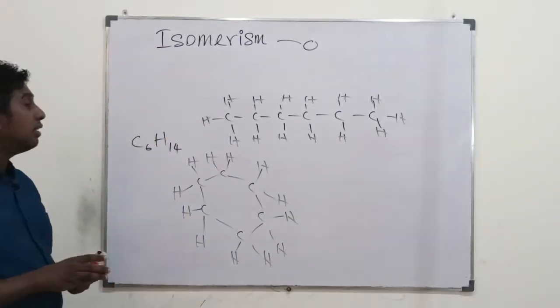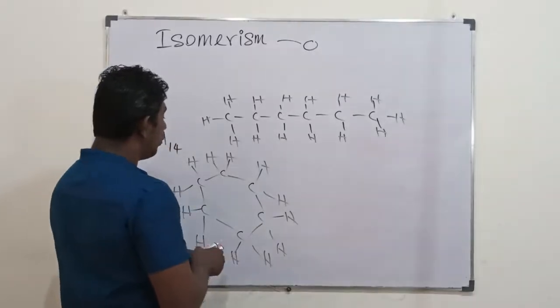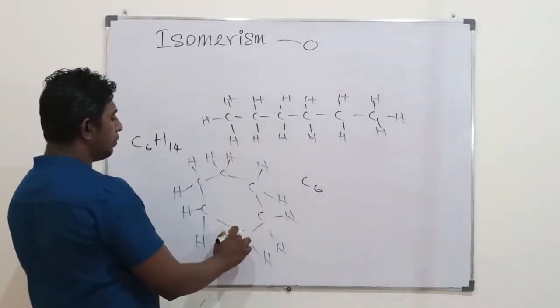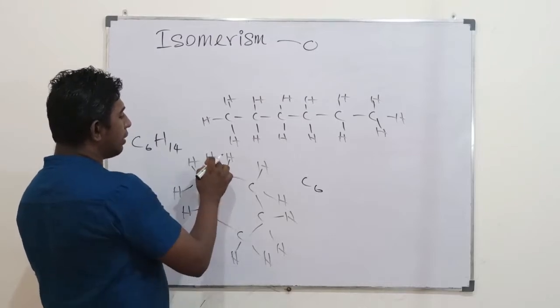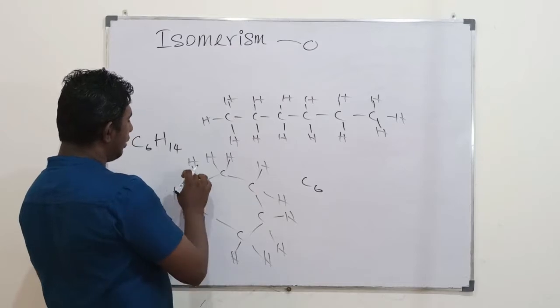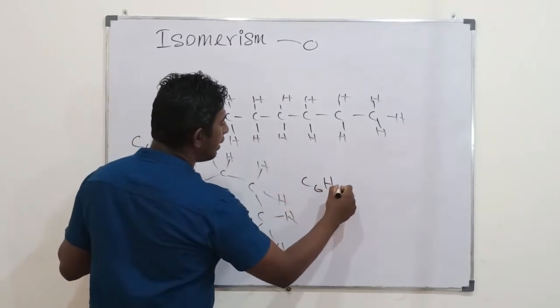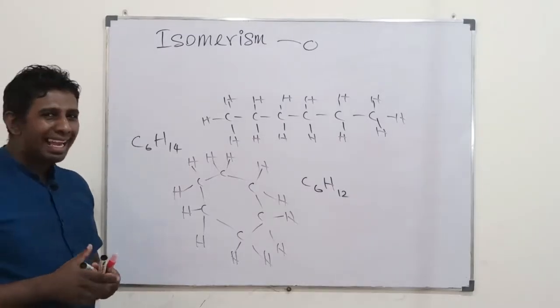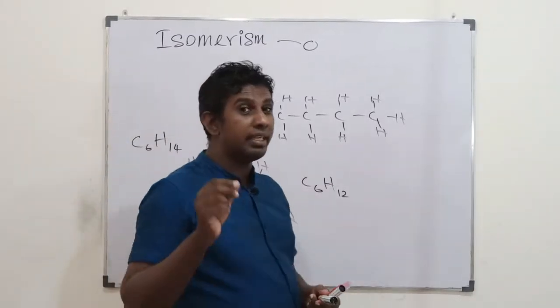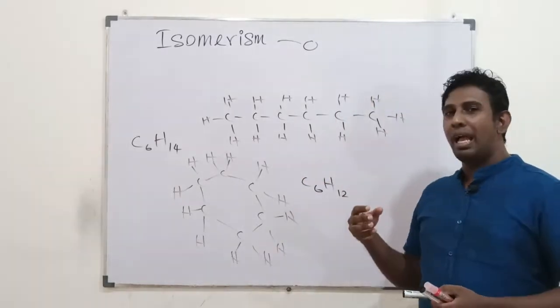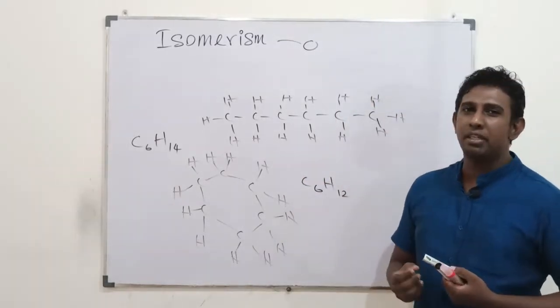Cyclohexane has 6 carbons, 1, 2, 3, 4, 5, 6. When you count the hydrogens, it's 2, 4, 6, 8, 10, 12. It's 12 only. It's not the maximum. It lacks 2 hydrogens. Therefore, it needs one H2 molecule to reach the maximum number of hydrogens that it could ever have.